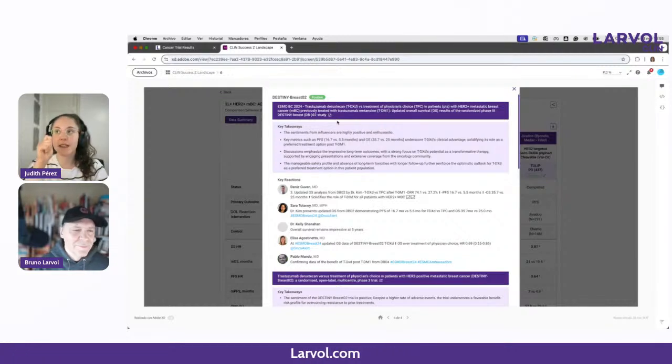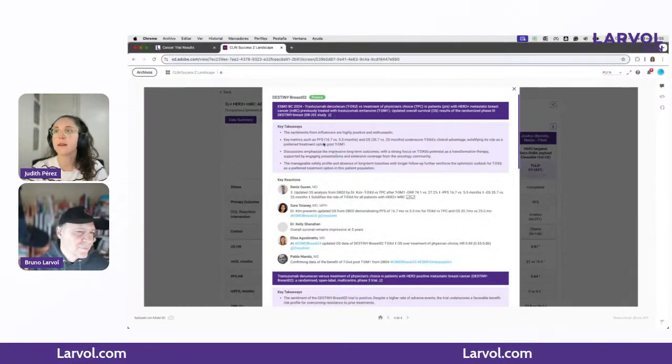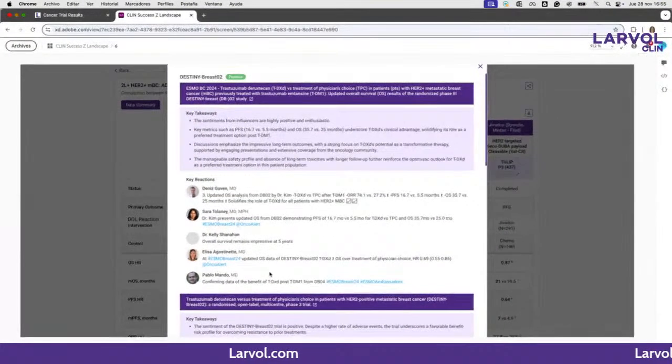So, what are the key takeaways for the choosing of that tagging? Here you would be able to see them, even the key reactions that are associated to that trial. This way, we are able to go a step further onto the characterization of the trials that belong to that initial landscape.